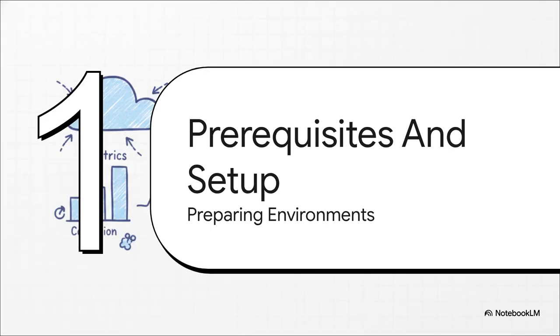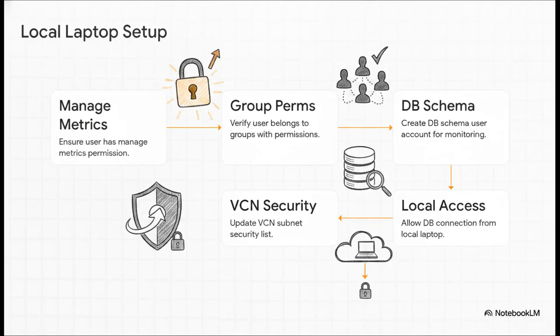All right, Section 4, Navigating Prerequisites and Setup. Listen, for all you IT ops professionals out there, I deeply empathize with the pain of wading through dense, complicated setup requirements. It's the worst. So we've broken this down into a really manageable checklist for Option 1, running locally. First, ensure your user account has the Manage Metrics permission.